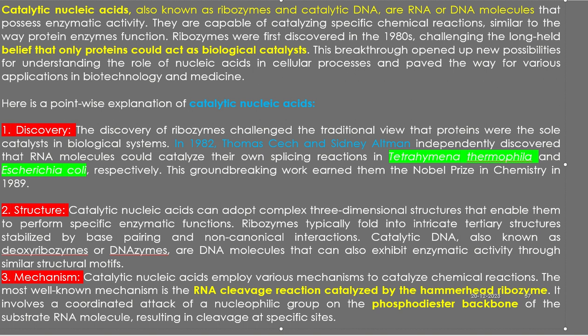They discovered RNA molecules that can catalyze their own splicing reaction, in Tetrahymena thermophila and E. coli respectively. These two scientists earned a Nobel Prize in chemistry in 1989. They started this discovery in 1982.